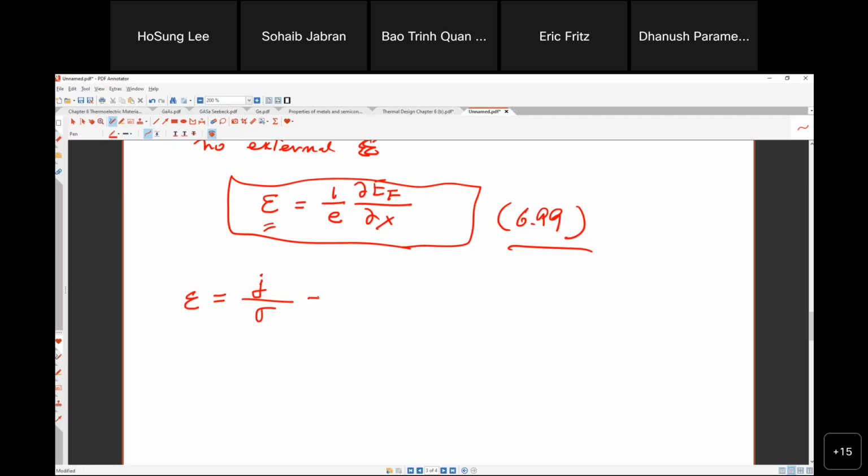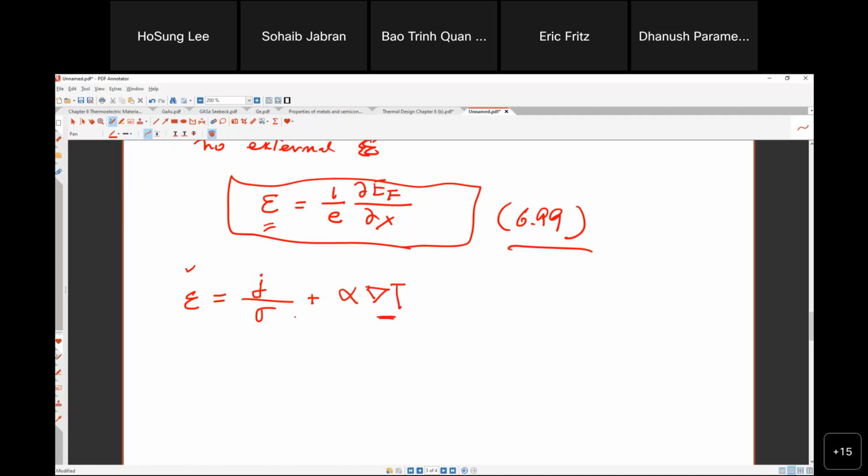This is Ohm's law. And Seebeck, this is kind of voltage, and temperature gradient. We know that temperature creates the voltage. Okay.